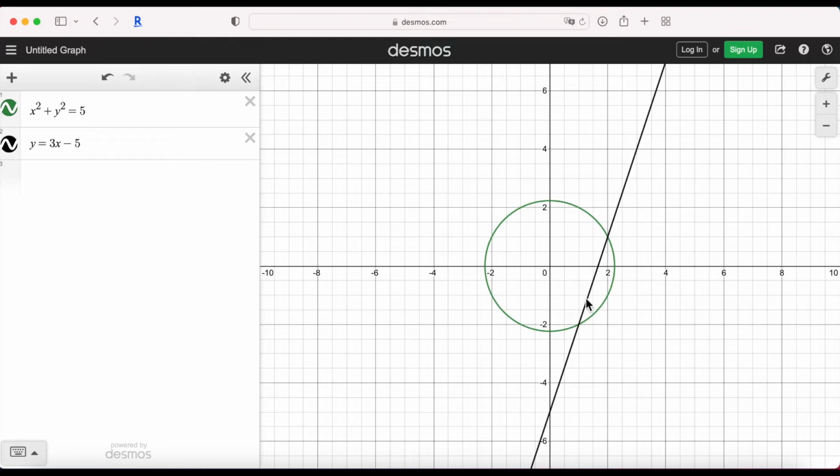So this is the line y equals 3x minus 5. As you can see, the circle and the line are intersecting each other at 2 points. So this point is the point 1, negative 2. And this point is the point 2, 1. And these two intersections are my solutions.